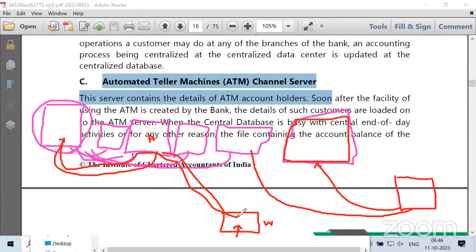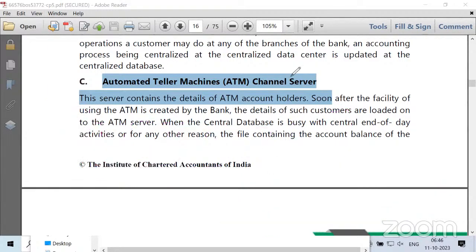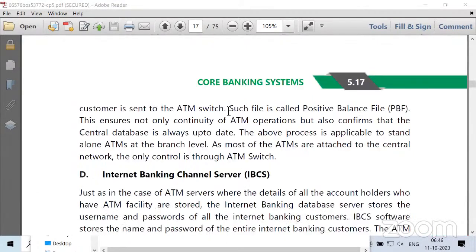Immediately it will go and tell that he needs 10,000 rupees. So it will verify whether the 10,000 is available. If you have a balance of, let's say, 50,000 rupees, then it says yes, the amount is available, that can be withdrawn. After that only you are able to withdraw money from your ATM. So this is carried out by the ATM. Similarly, all the operations are being carried out.